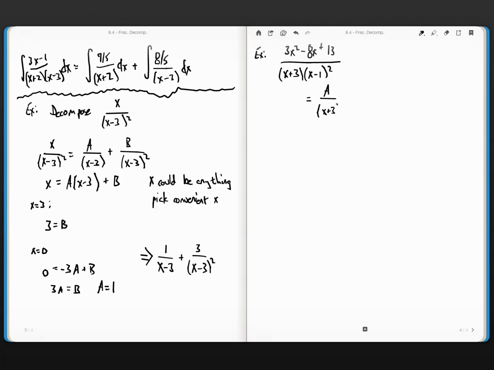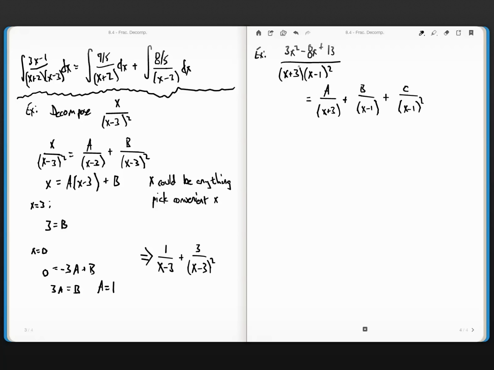That was one of my original partial fractions. Plus b over, let's call that just the x minus 1, the linear denominator. And then the c now to account for x minus 1 squared. Wow, what a mess.